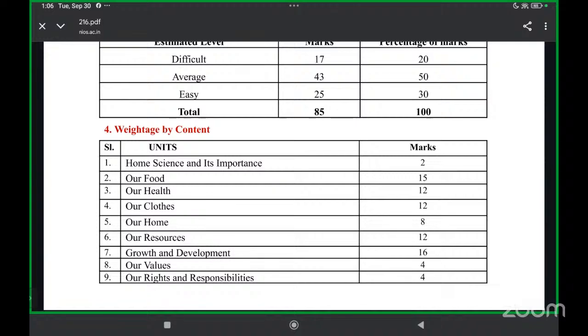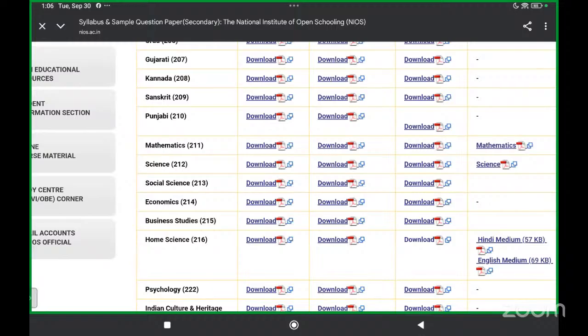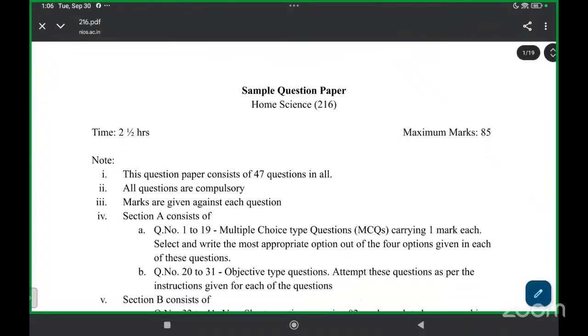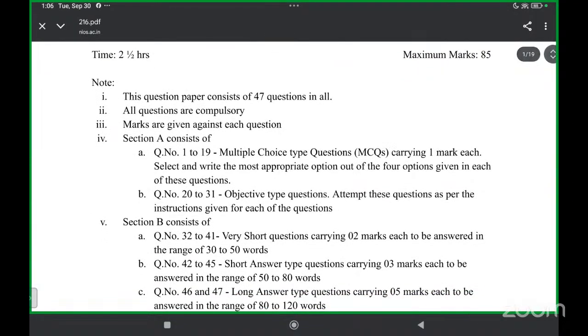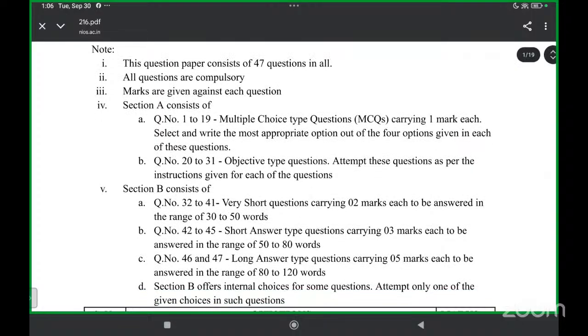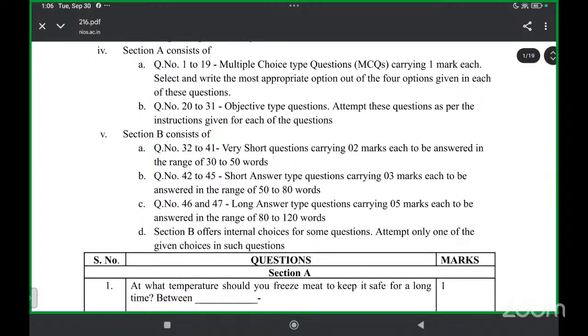If you want to check out the sample paper with me, we can do that also. Here it is. 47 questions will be there in your paper. 1 to 19 are MCQs, 20 to 31 are objective. So the first 31 questions are objective, then from question 32 to 47, the remaining are subjective.